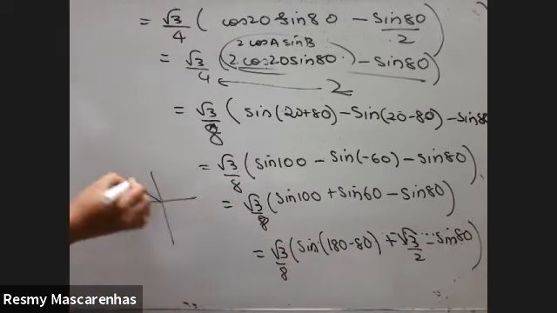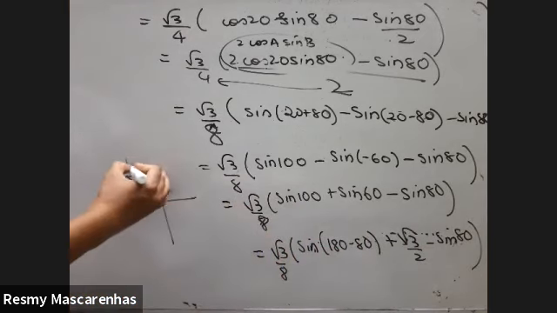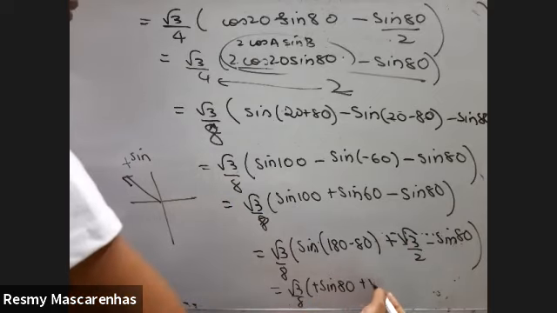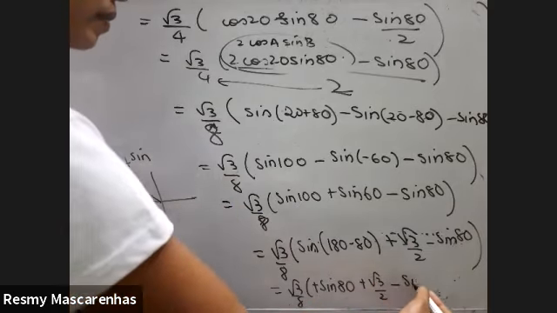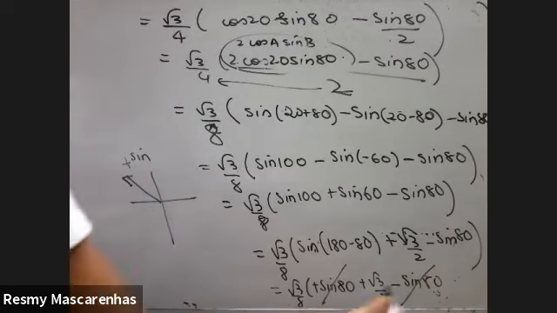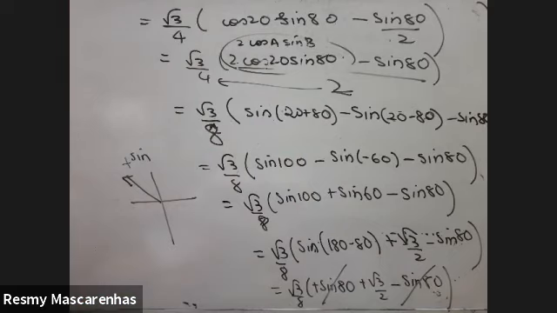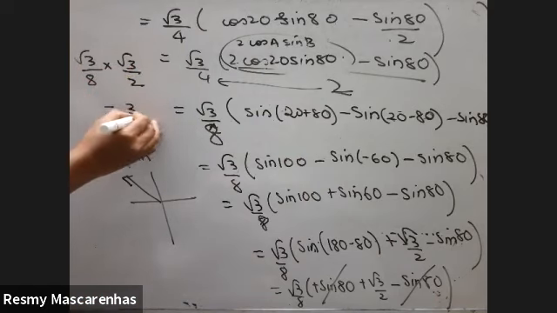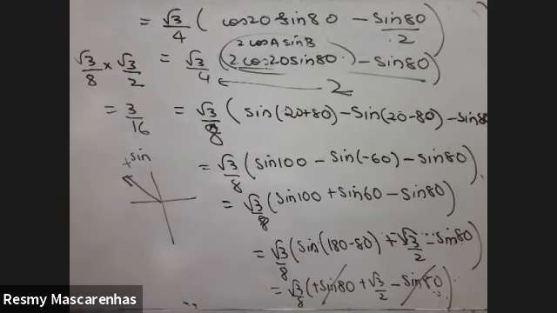And now see, in the second quadrant sine is positive. This will remain as positive one. Plus and minus will cancel. Now you multiply root 3 upon it. So this is how I'll get your answer.